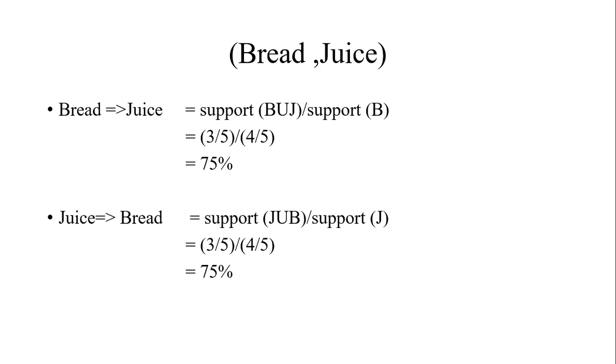So this combination bread union juice is nothing but we have to take from step number two, that is the candidate rule, the combinations of the pair and support of both, that is your step number one, the calculation of the frequent item sets. So support of bread union juice will occur 3 by 5 times, and support of bread is nothing but 4 by 5 times.